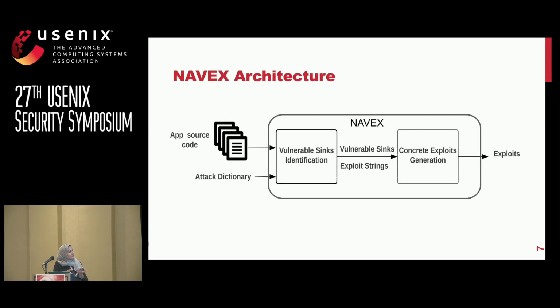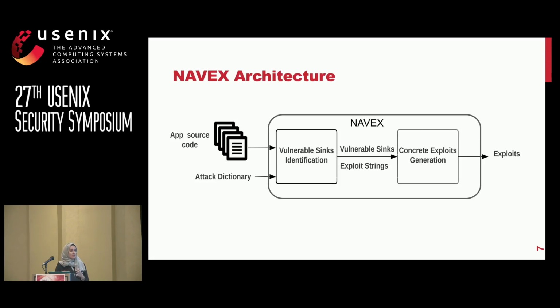We have implemented this approach in NAVEX. The input to the tool is the application source code and an attack dictionary. Basically, the attack dictionary has attack specifications for each vulnerability type that we are studying.